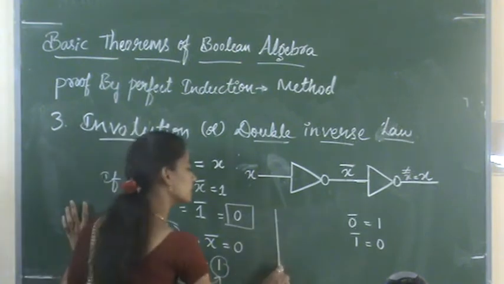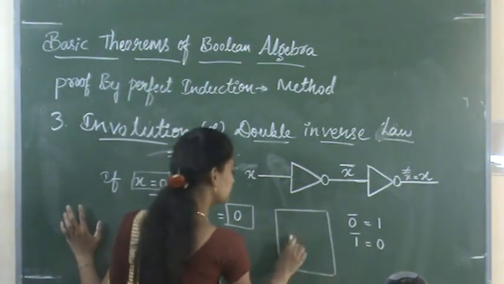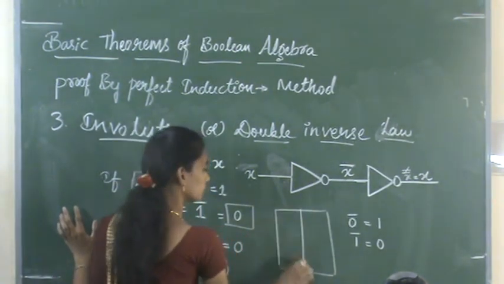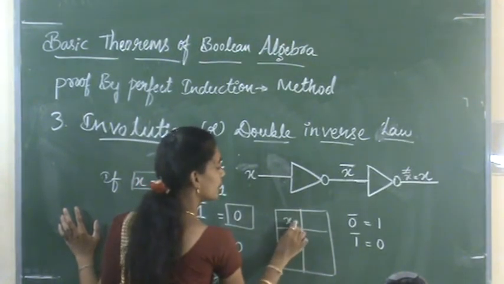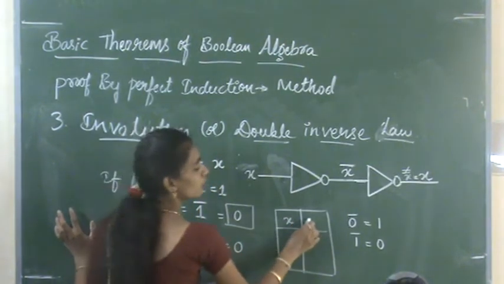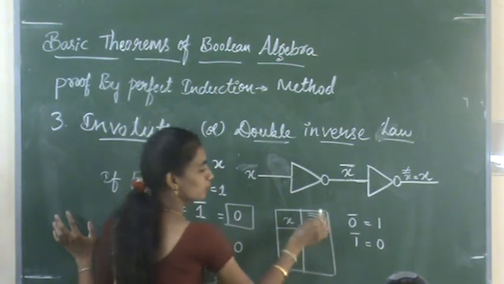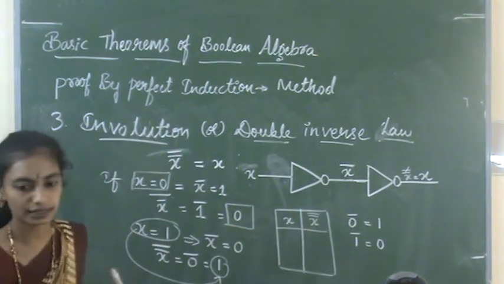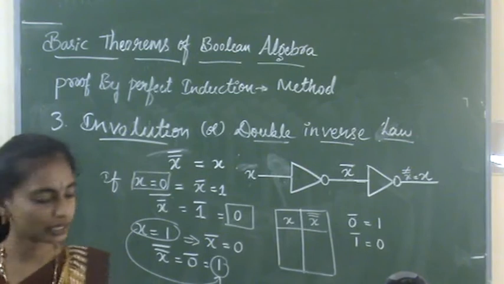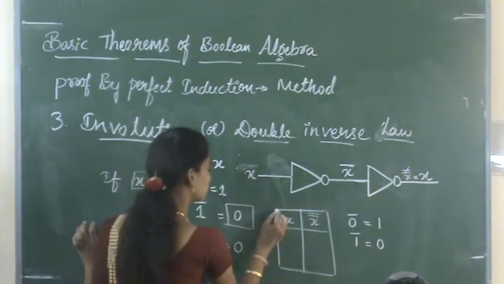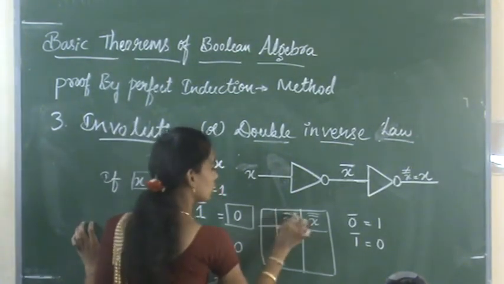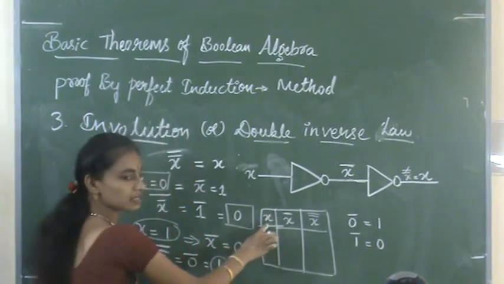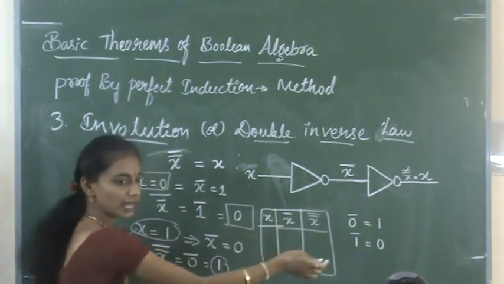This can be written in a truth table. If I provide the x value, what will be the x double bar value? We have to write x, then the x bar, and then the x double bar.